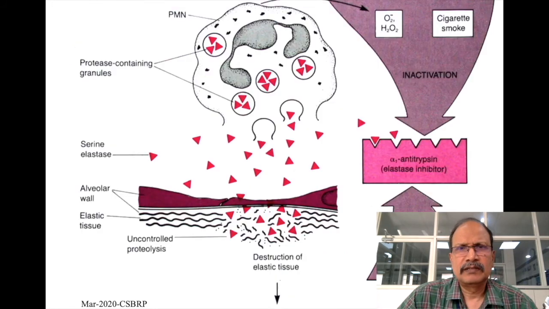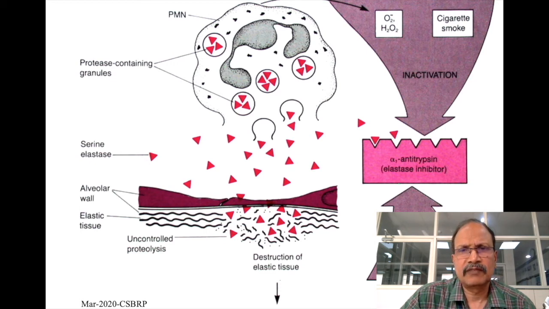This slide shows that the neutrophils are releasing some enzymes, especially the elastases, which are responsible for destruction of the alveolar wall elastic fibers, which is the basic pathology that ultimately goes into emphysema. And we have some natural defense mechanisms, mainly alpha-1 antitrypsin.